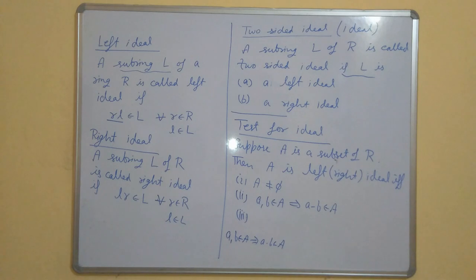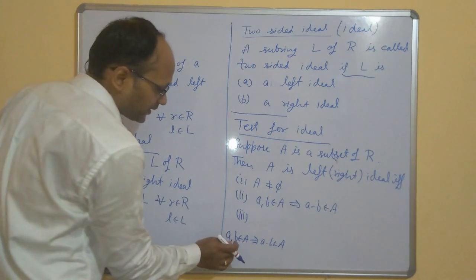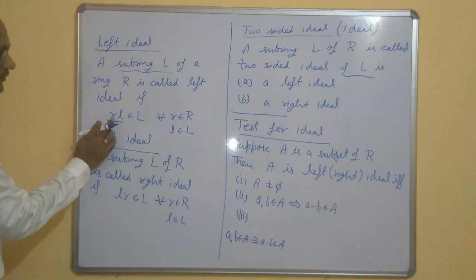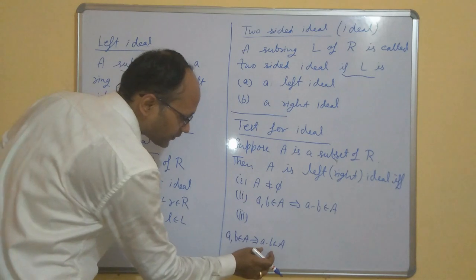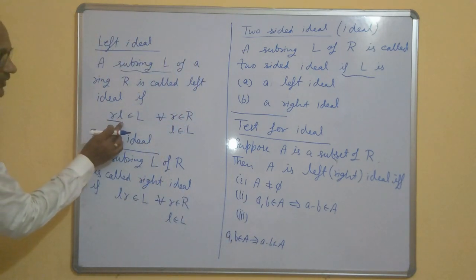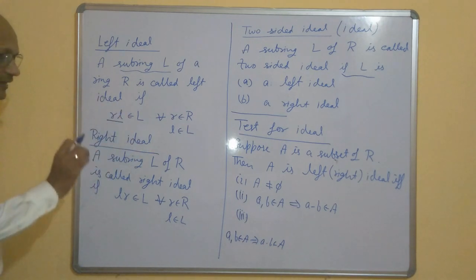But what we want is for it to be an ideal. It means not only the product of elements of A should be in A, but also if we take one element from R and one element from A, their product should be inside it.